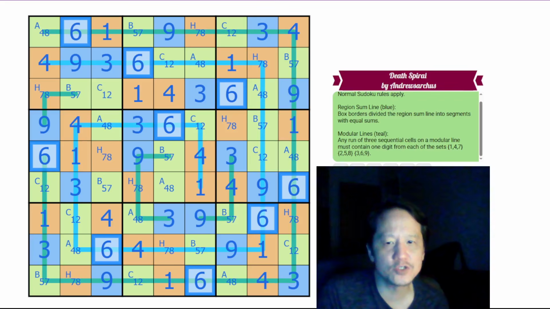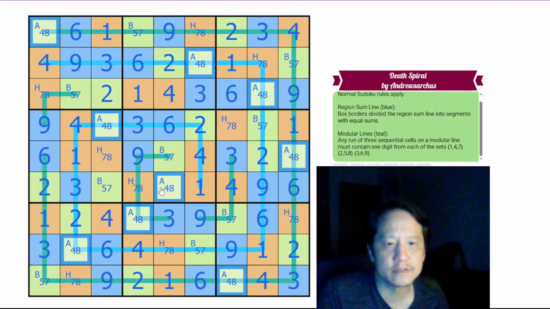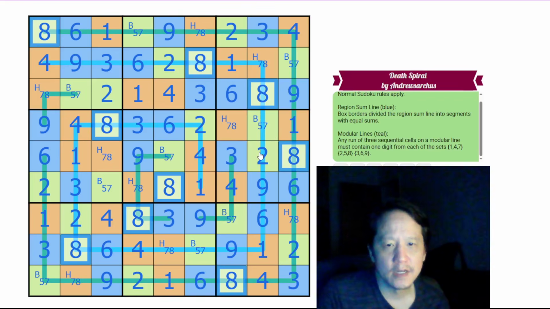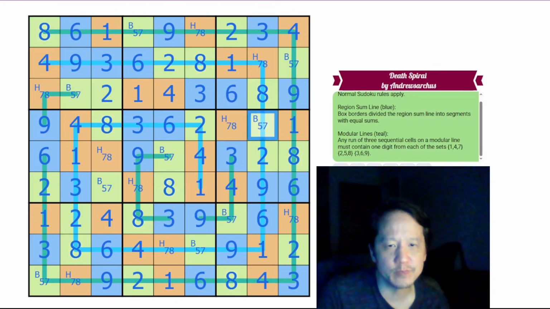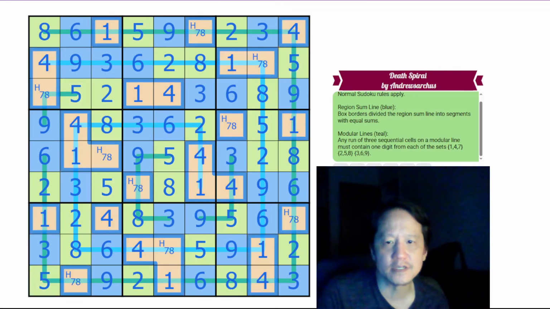So C is 2. A is 8. We have 2, 5. So B is 5. And H is 7.